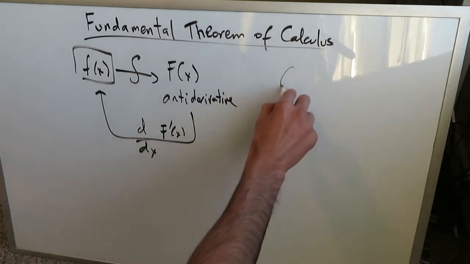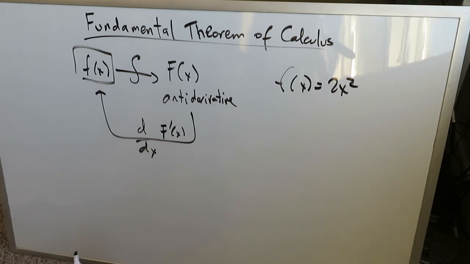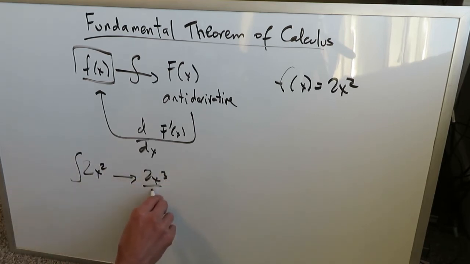If I have a function, let's say 2x squared, I'll take the integral of 2x squared. You don't have to do integral first and derivative second. You can do derivative first and integral second, and I'm going to show you that. Let's take 2x squared and do the integration of this. You get 2x cubed over 3. That represents your antiderivative.